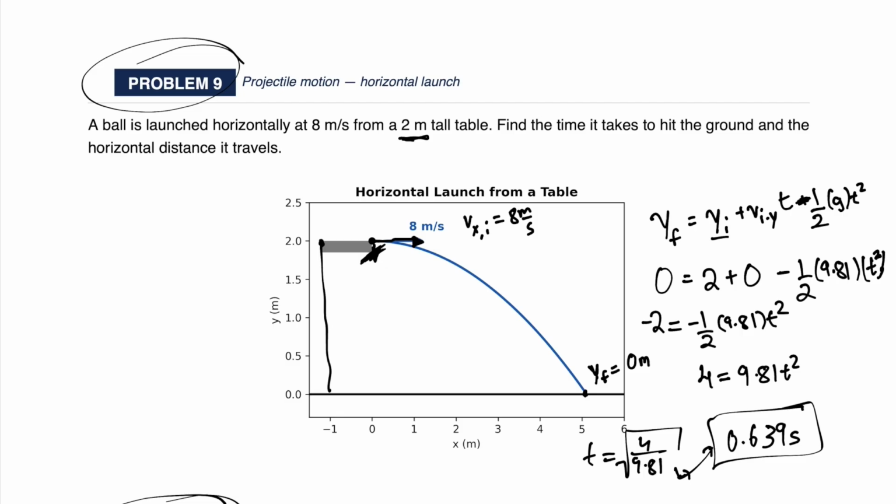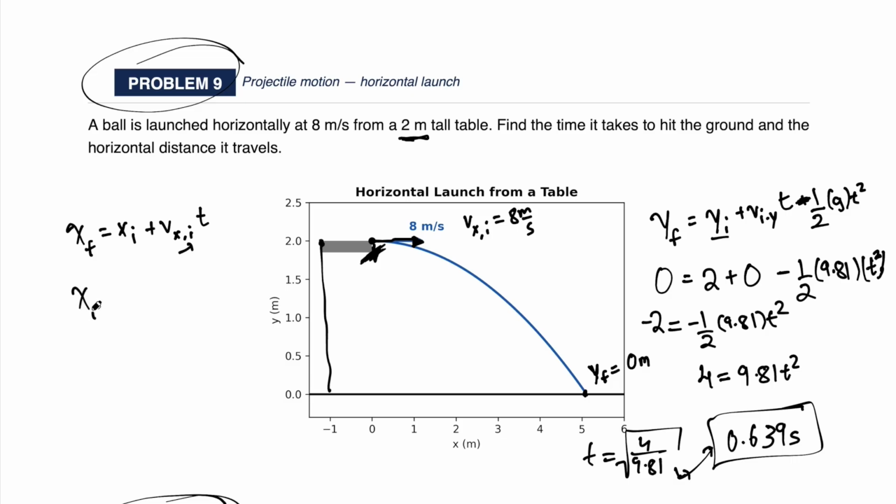Okay, so we know, if you remember from our horizontal motion projectile equations, x final is equal to x initial plus velocity x initial times t. So initial doesn't really matter here, because velocity x initial and velocity x final are going to be the same, because it's always going to stay the same, right? X velocity doesn't change, it's y that changes because of gravity.